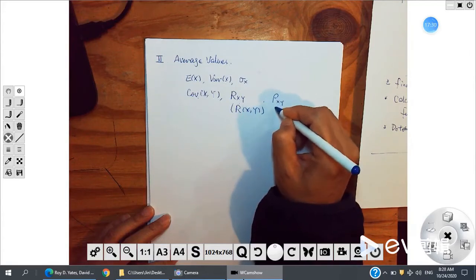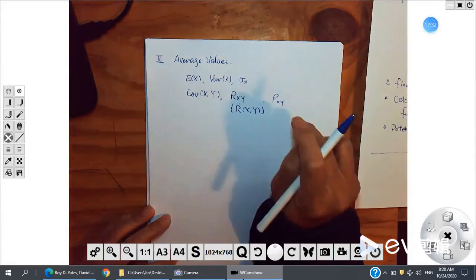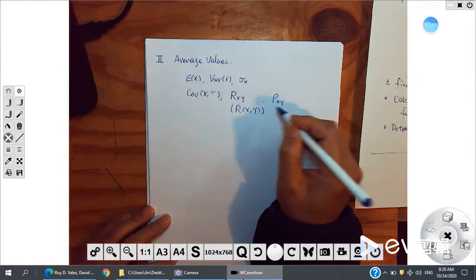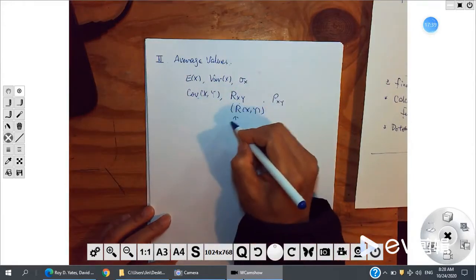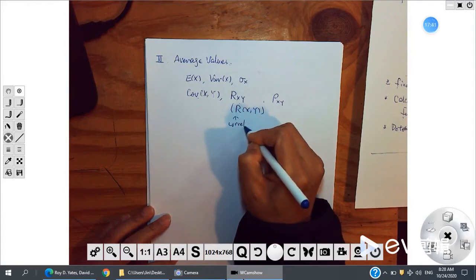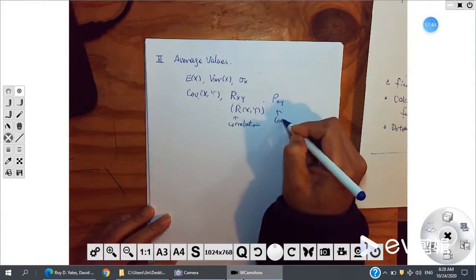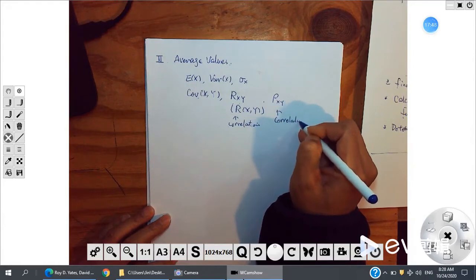This is the correlation coefficient. Yeah, the names are a little confusing. This is correlation, and this is the correlation coefficient.